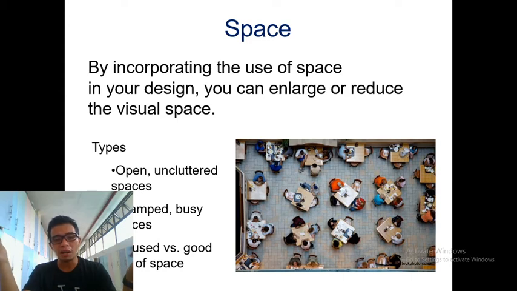Open plan, walang masyadong partition. Meron ding tawag na cramped or busy space. Katulad sa picture na nakikita natin, ang daming tao, how do you imagine being in that space? Lahat nag-uusap, lahat nagsasalita. Siyempre parang naguguluhan ka.